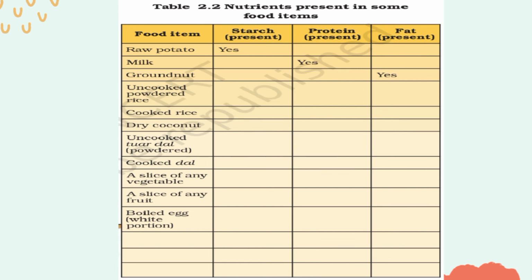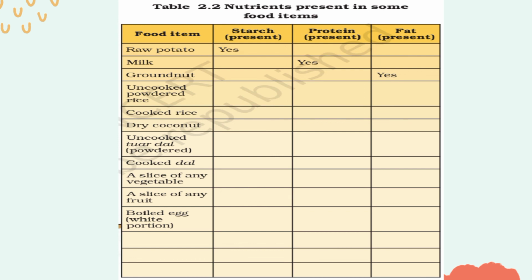A slice of any vegetable. So this is a trick for them. A slice of any cooked vegetable or uncooked one. If it is a slice of potato, it is a vegetable, so that will turn blue-black, which means it has starch in it.